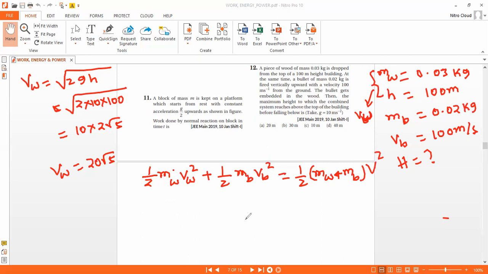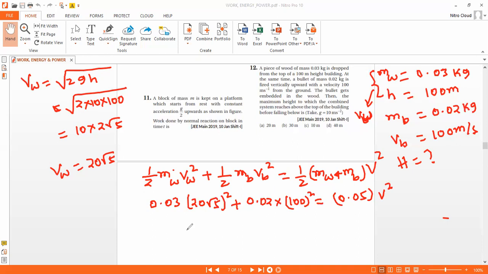Throughout the equation, I will remove half, so that we get 0.03 into 20 root 5 whole square plus mass of the bullet 0.02 into 100 whole square equal to 0.05 times v square.